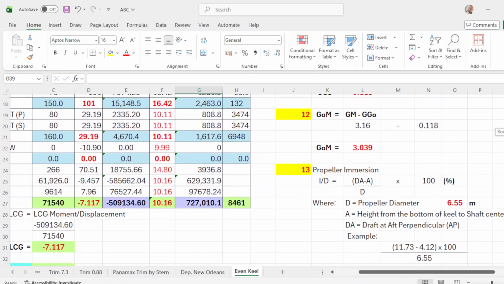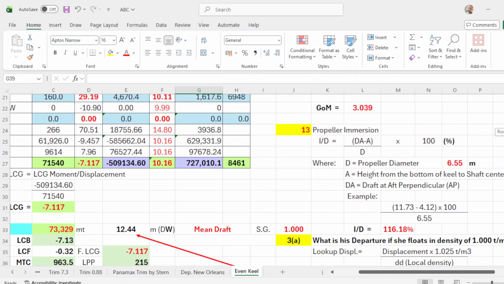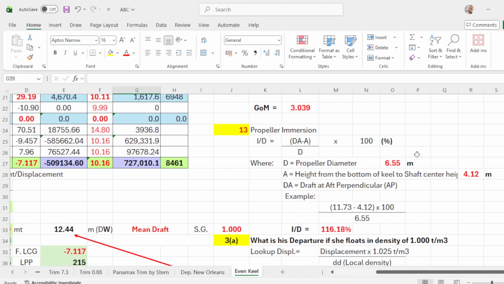Okay, and this is your propeller immersion, but I'm not keen on solving this one. But I gave you already this example of how to take out the propeller immersion.